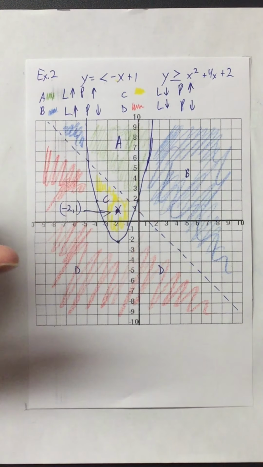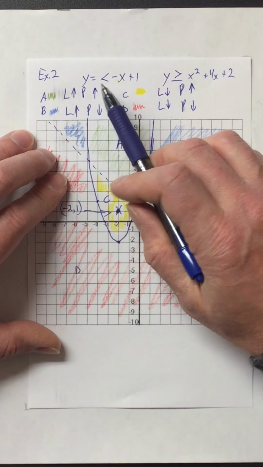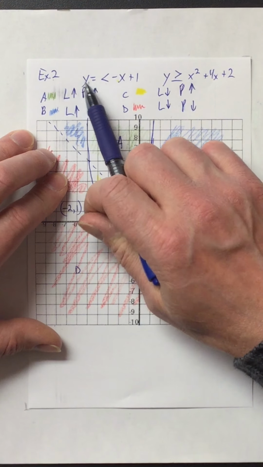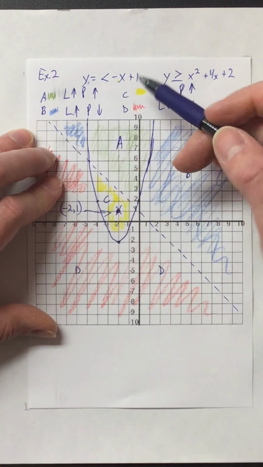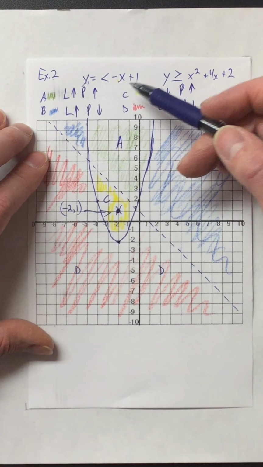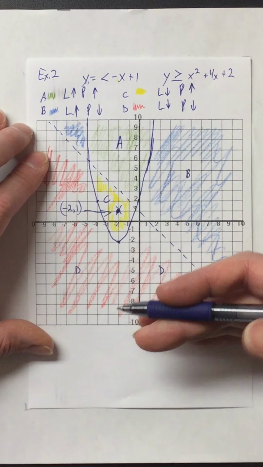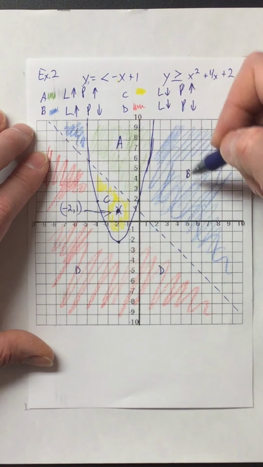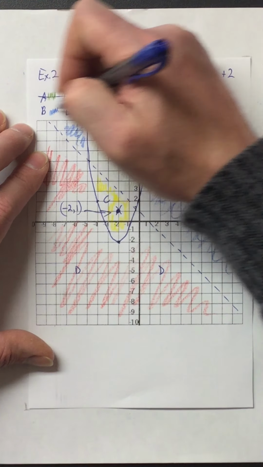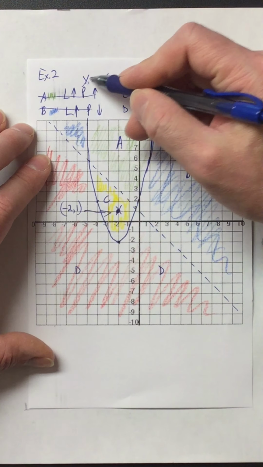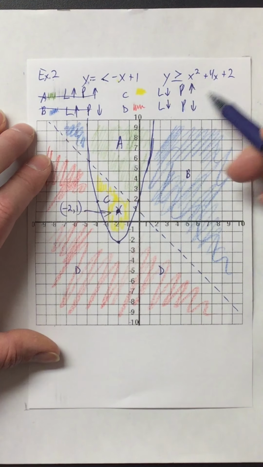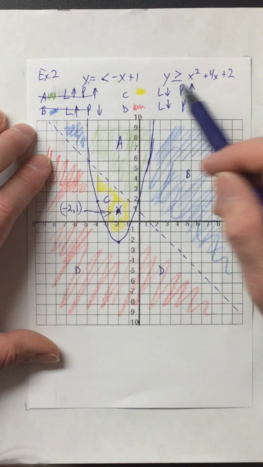Now to our question. It has to be the y. The y is less than our equation on the linear, so if it's less than, it's below. That excludes A and B, because they're above. Then we come over here, and where's my y?